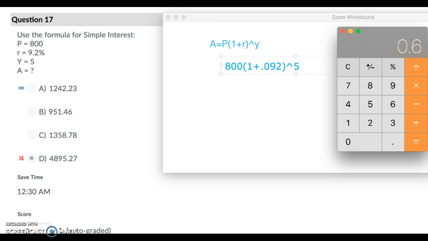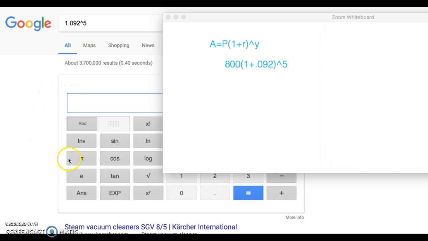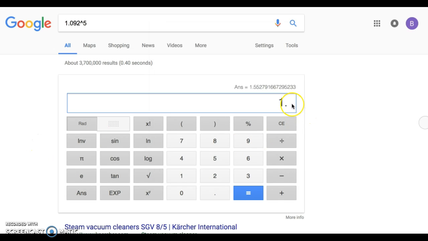Alright, so now when I do it on my calculator, I need to do this part first. So I'm going to do 1.092. Let's see, I think there's a... Alright, I didn't have that function on mine, so I'm going to just flip over here. 1.092 raised to the 5th power equals that.